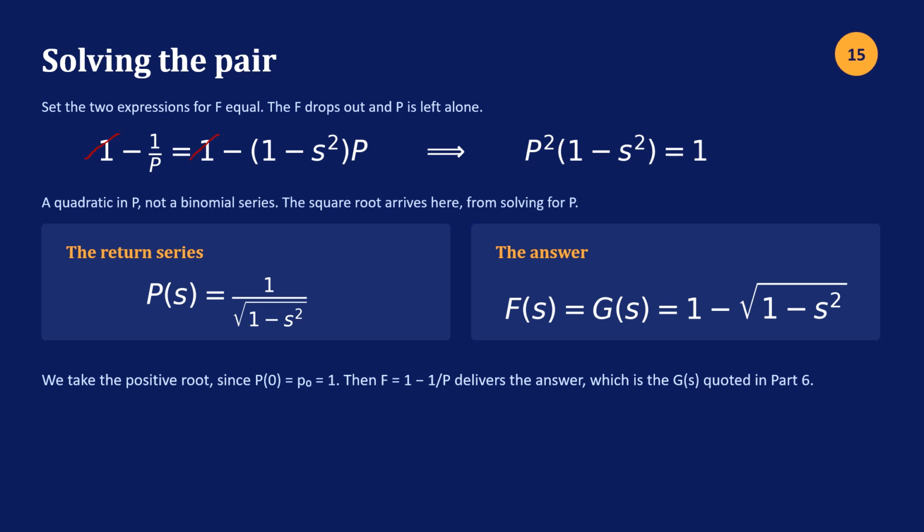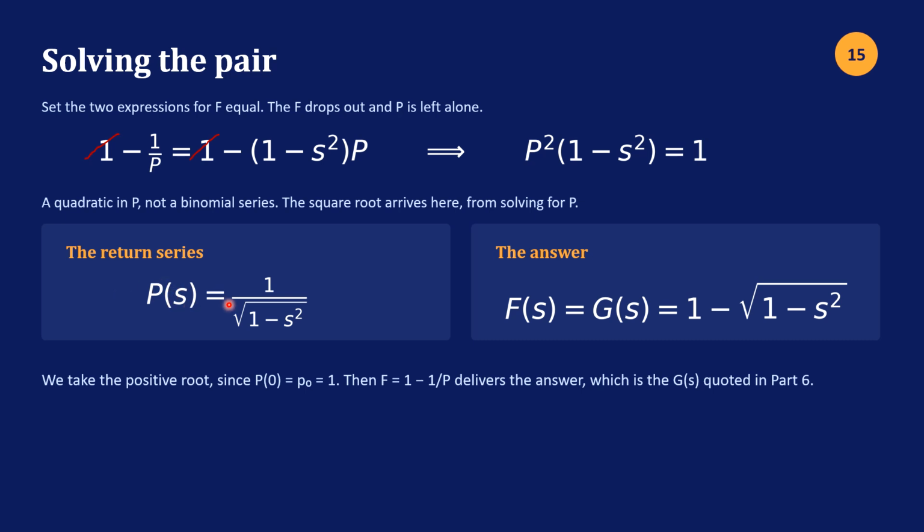Then we multiply both sides by minus p, and that gives us a 1 on this side. And then this minus 1 becomes a plus 1, and this is p squared. We get this here. Then we just divide both sides by 1 minus s squared and take the square root on both sides. And we get this here.